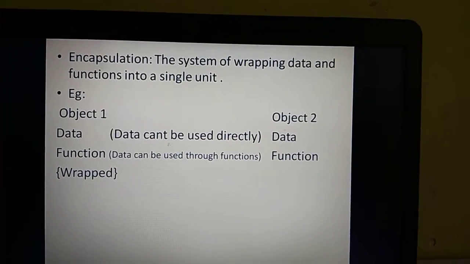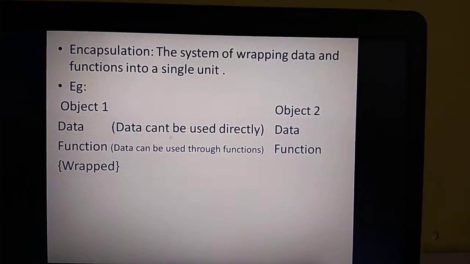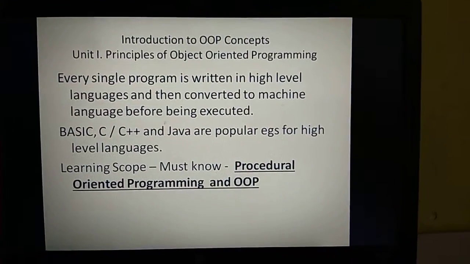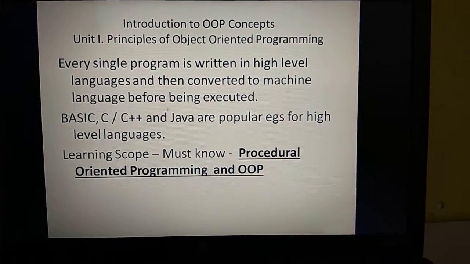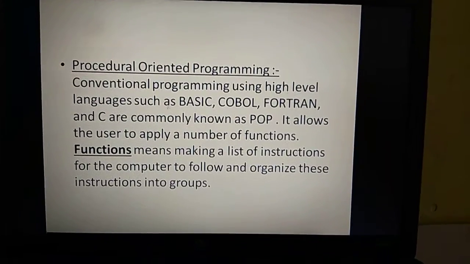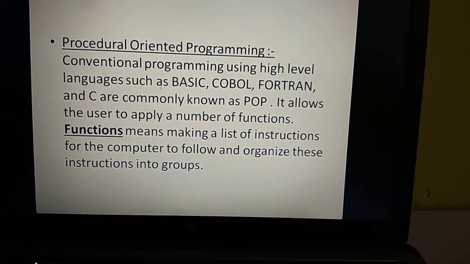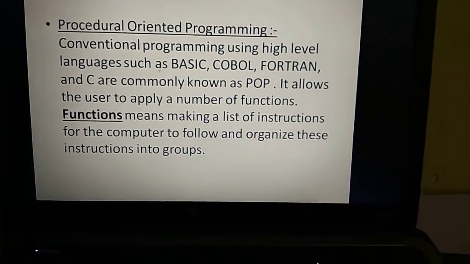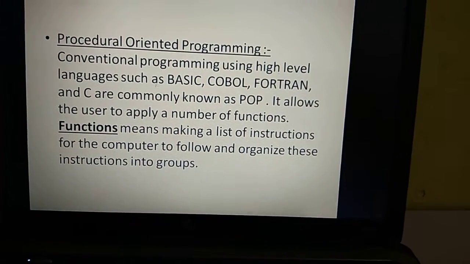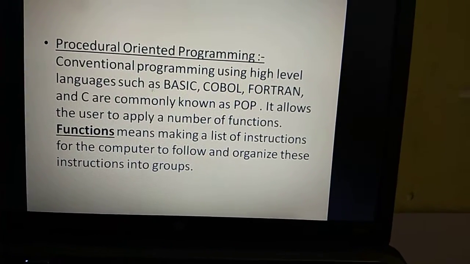Okay, I'll just stop. I complete with my unit 1, that is principles of object oriented programming. I'll recall from the beginning for you all what we had gone through, that is POP and OOP. I have told you about procedural oriented programming, a high level programming. Examples were BASIC, COBOL, Fortran and C, but it had certain limitations and drawbacks because it was using more and more functions rather than data values.